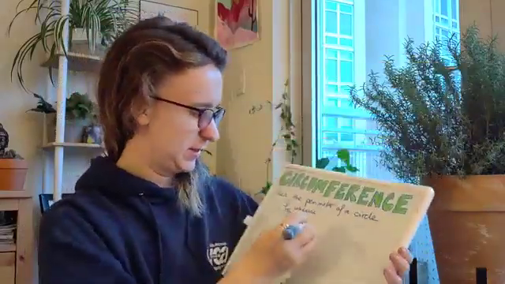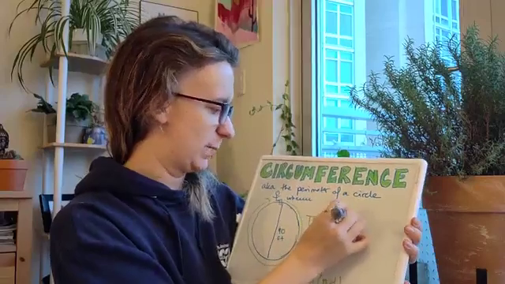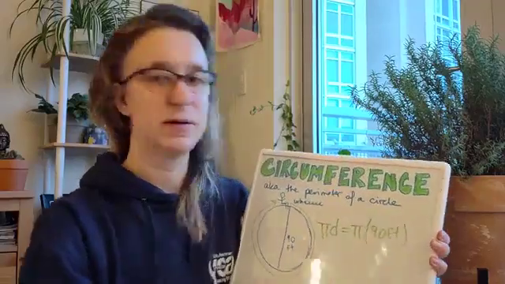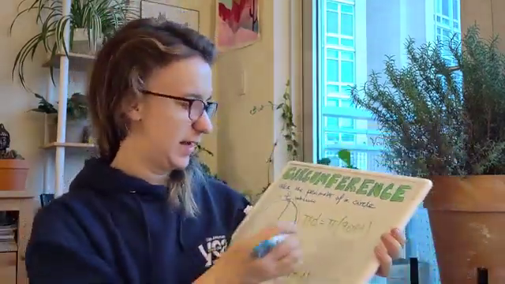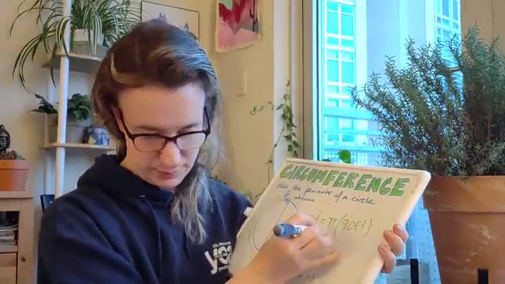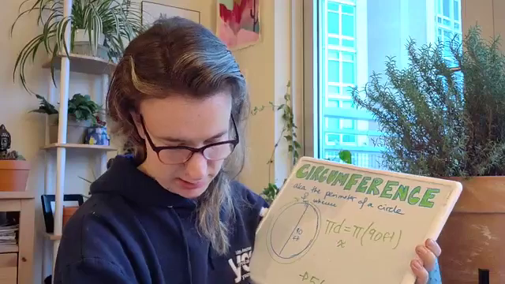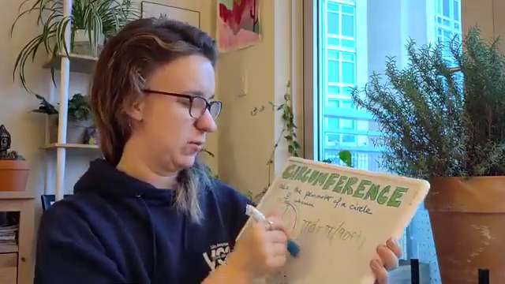Pi times the diameter is going to equal pi times 90 feet. So 3.14 times 90 feet. Let's actually do this all at once.